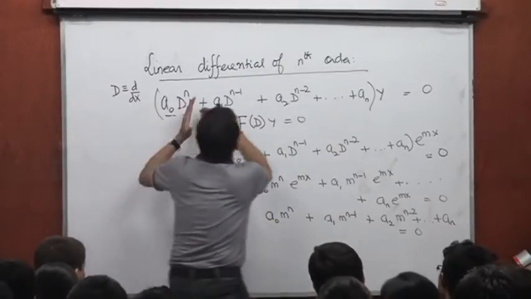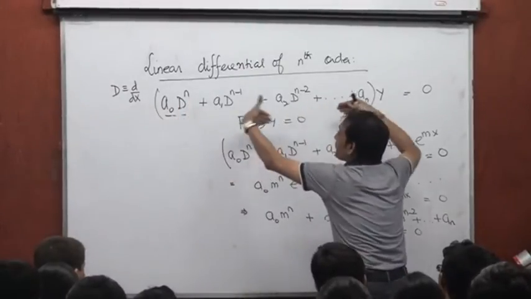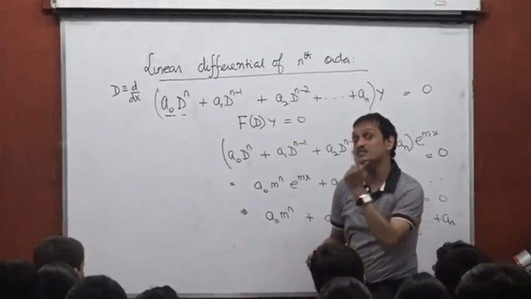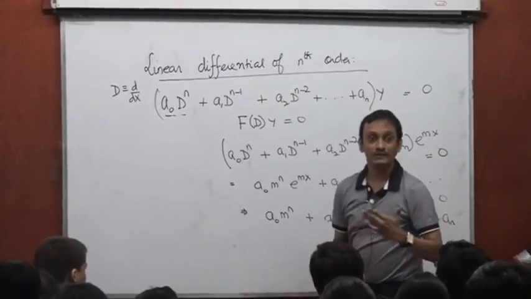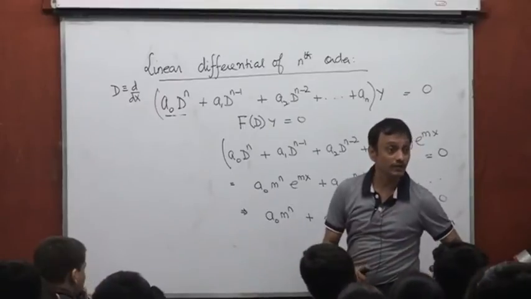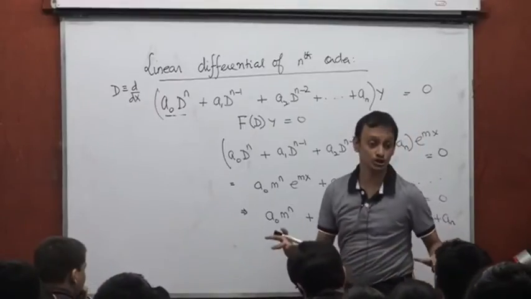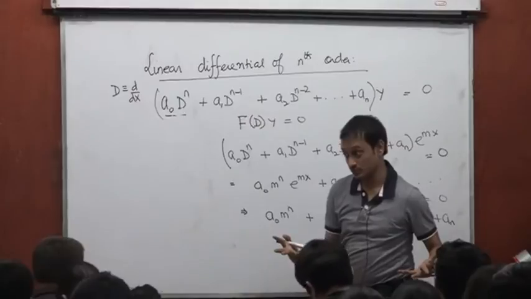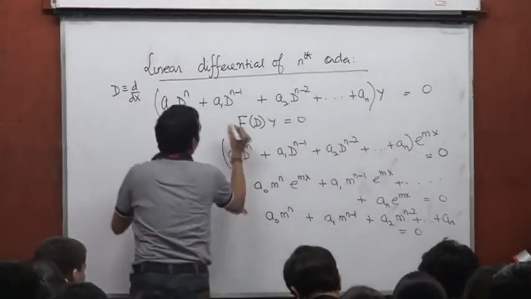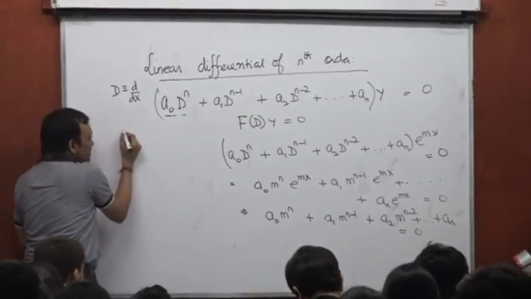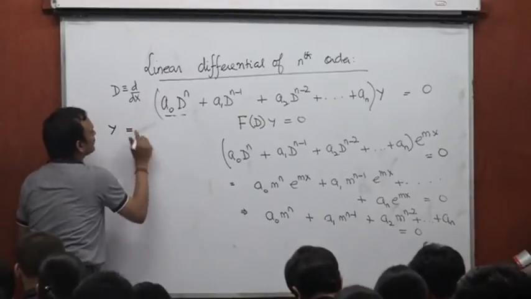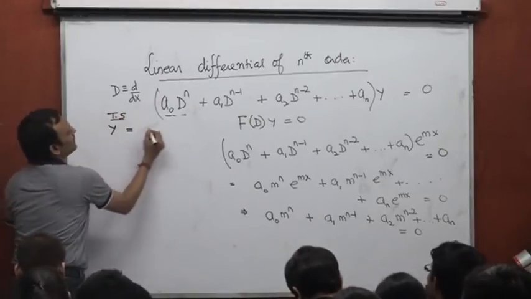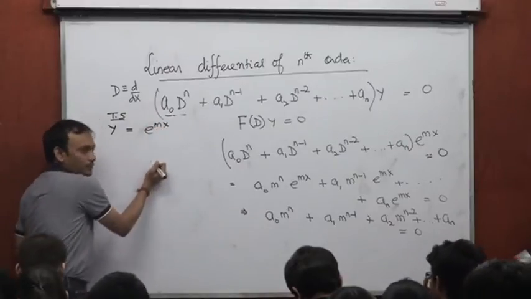So in this operator function, if you replace D by m and solve for m, then e^(mx) would be a certain solution of the differential equation. I start with a trial solution y = e^(mx).